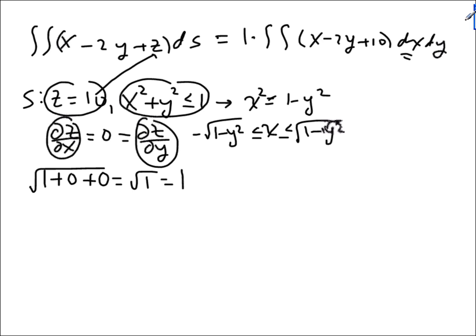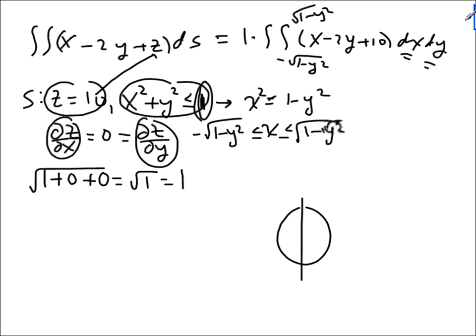So x goes from negative the square root of 1 minus y squared all the way up to positive the square root of 1 minus y squared. And y goes from negative 1 to 1. The radius squared is 1, so the radius is 1. The least y is negative 1, the greatest is positive 1.